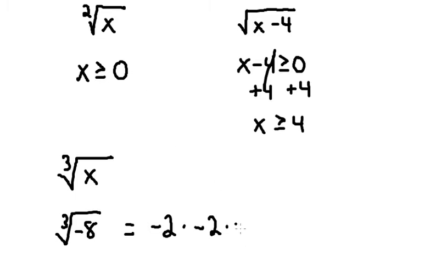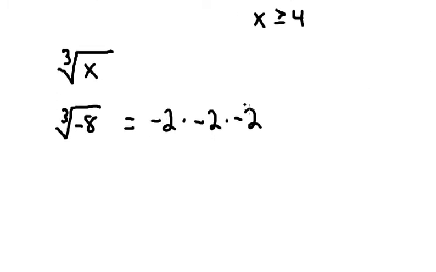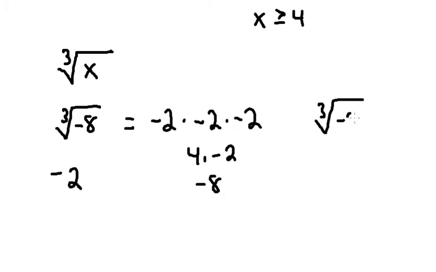Negative 2 times negative 2 is a positive 4, and then times another negative 2 is negative 8. So that means the cube root of negative 8 is negative 2, because we can write that as the cube root of negative 2 cubed, and then the cube root cancels out with the cube, and it leaves us just with negative 2.